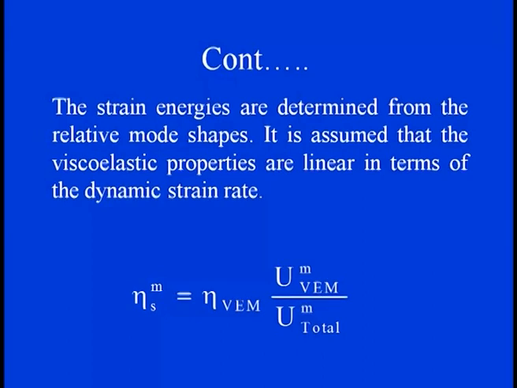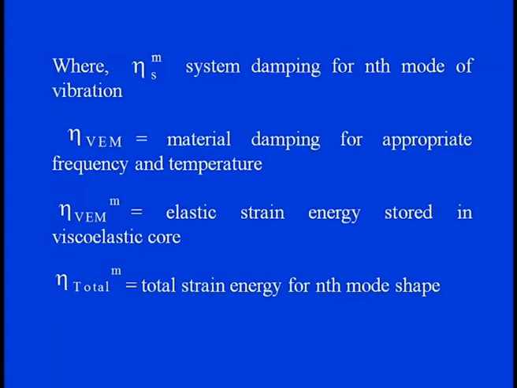So, when it is linear, we can say that eta_s_n is nothing but eta_vm into U_vm divided by U_total, where eta_n is the damping for the nth mode of the structure, eta_vm is the material damping for an appropriate frequency and temperature, U_vm^n is the elastic strain energy stored in the viscoelastic core, and U_total^n is the total strain energy for the nth mode shape.